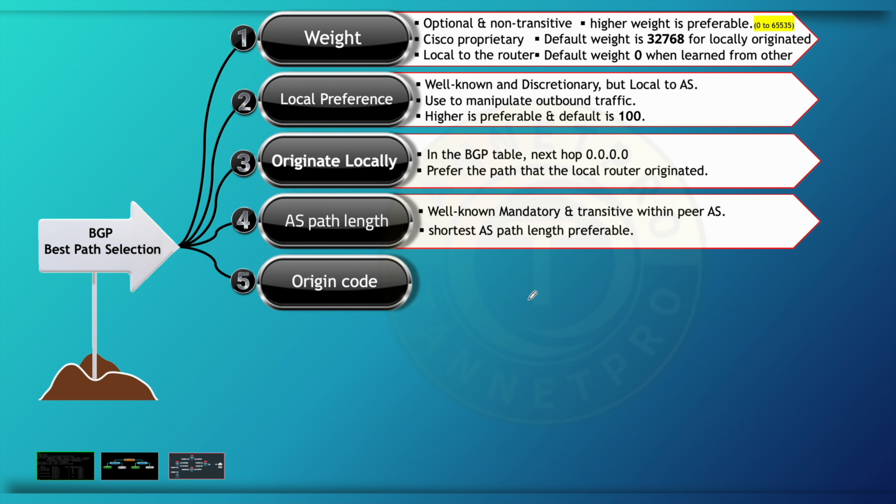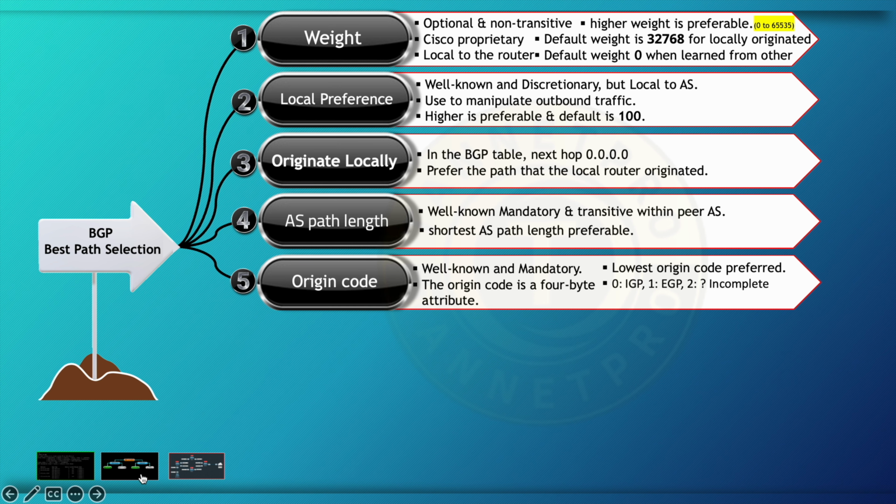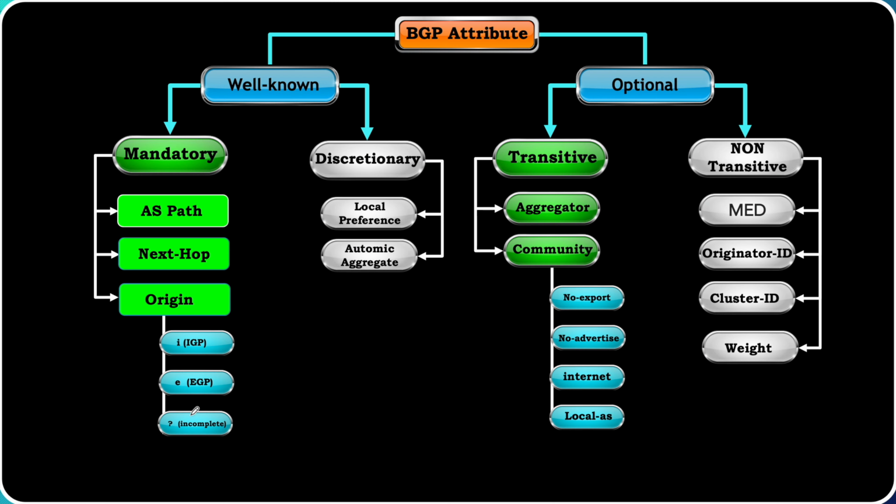Now the fifth attribute is the origin code. Now it's very important, origin code. We have to understand how this network is originated. It's well known and mandatory, right? So where it is located, here it is located, well known, right?